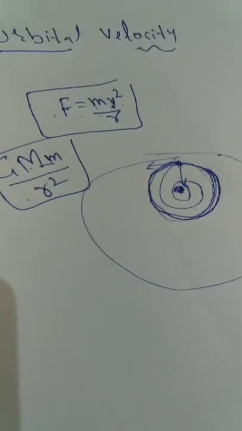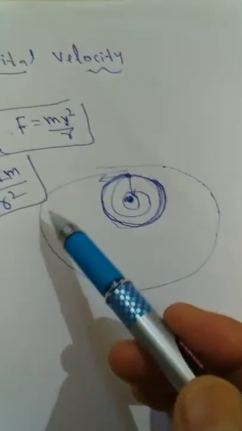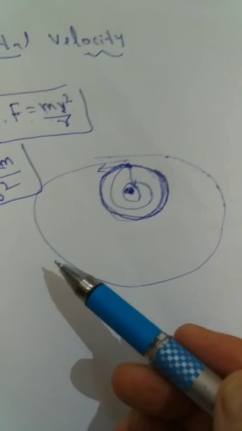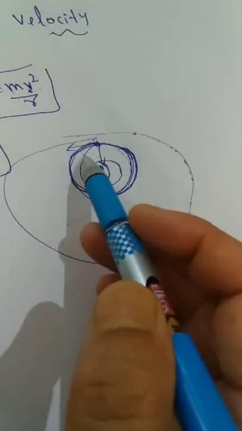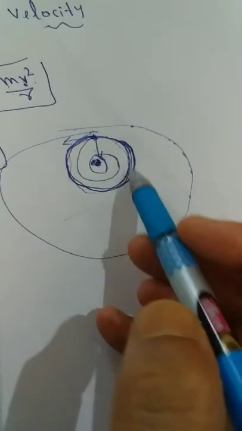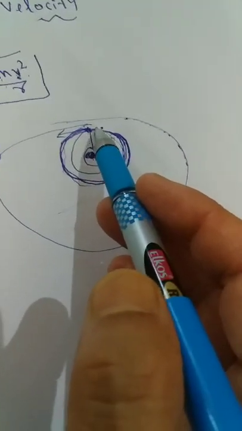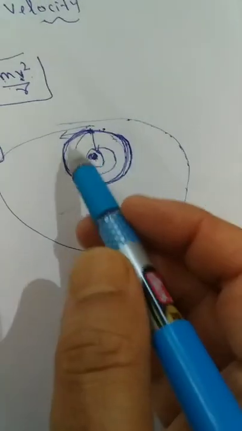What is then orbital velocity? The orbital velocity of a satellite is the minimum velocity required to put a satellite in a given orbit around the Earth. That means it is the minimum velocity with which a body or satellite moves around the Earth in a circular path. That velocity is called orbital velocity.